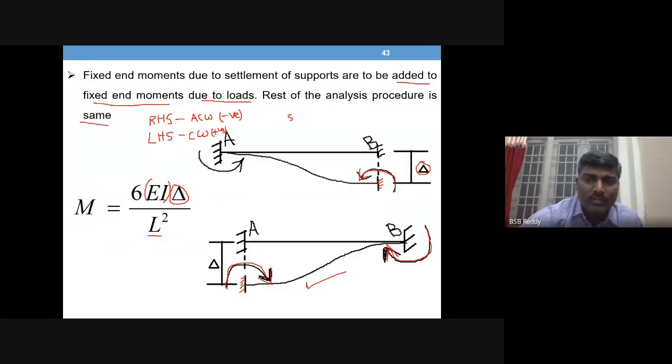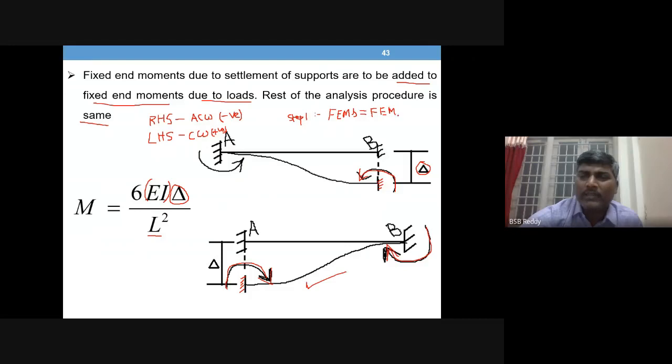So only step 1 changes in this method, that is finding the fixed end moments. This is the only change that you are going to have. When you calculate fixed end moments in the moment distribution method, you calculate the fixed end moments due to loads.